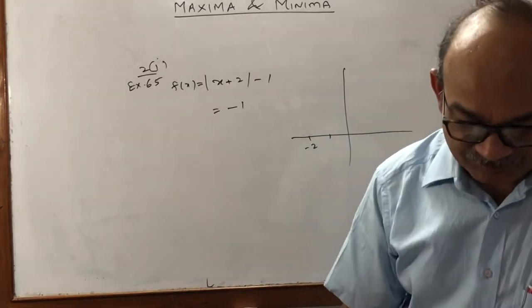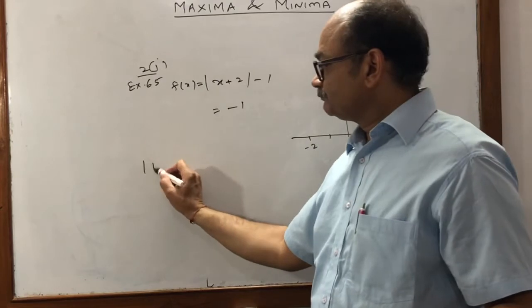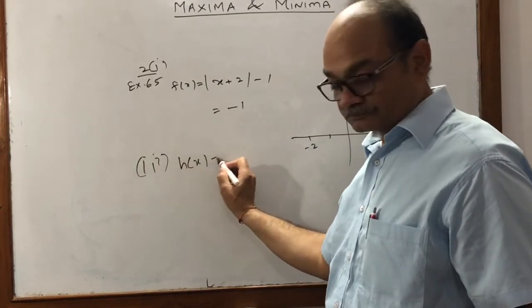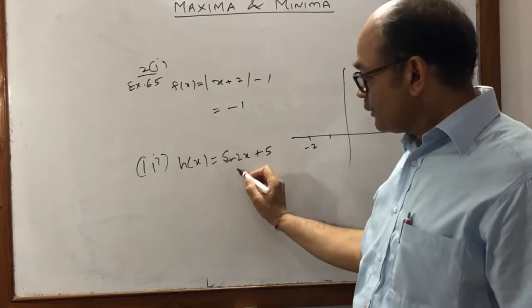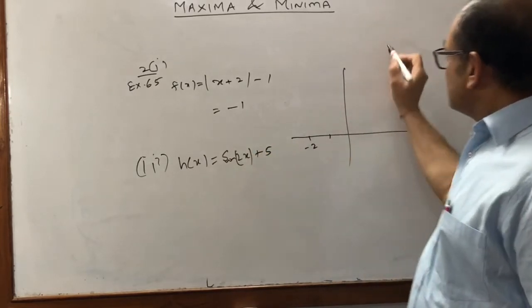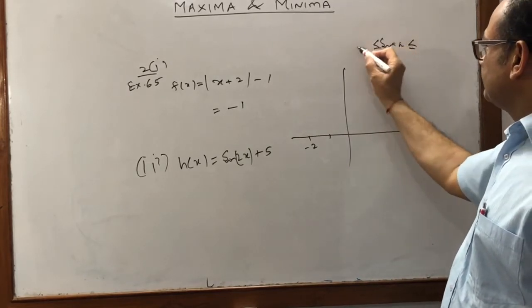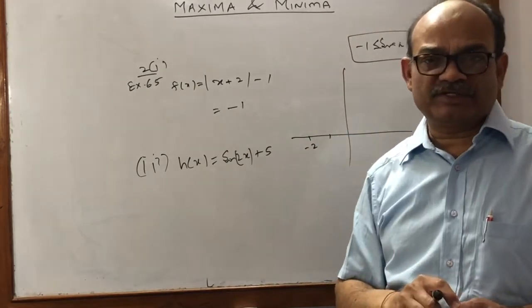One more question of trigonometry. Third part. Hx equals to sine 2x plus 5. You know, sin x values lie between minus 1 to plus 1. Cos x values lie between minus 1 to plus 1.